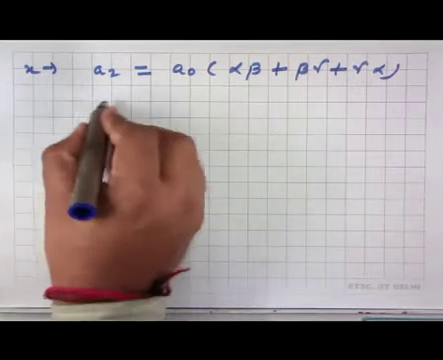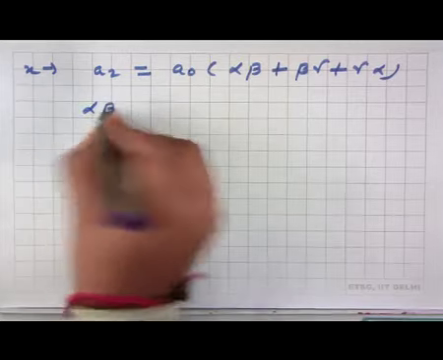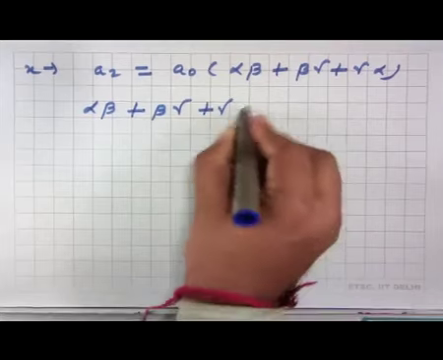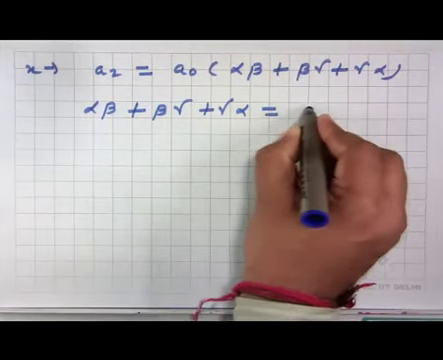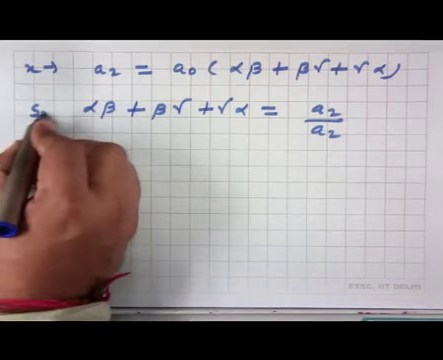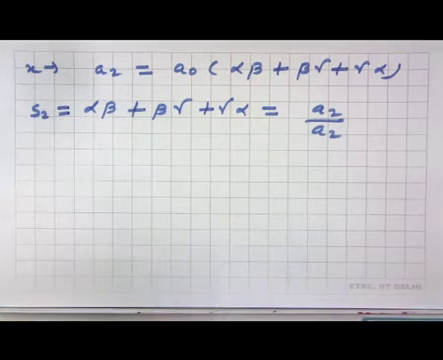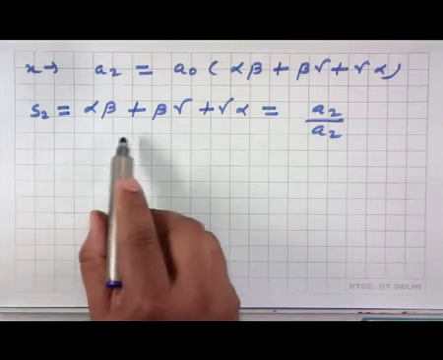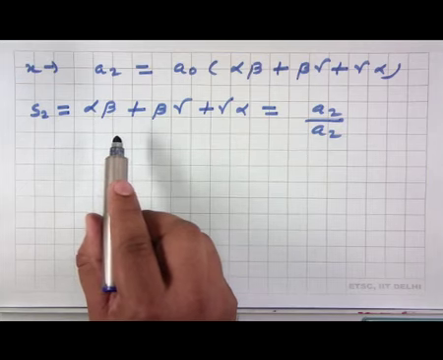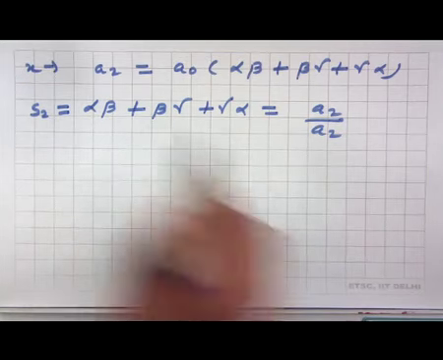The value of alpha beta + beta gamma + gamma alpha equals a2 upon a0. It can be written as S2, the sum of products of roots.